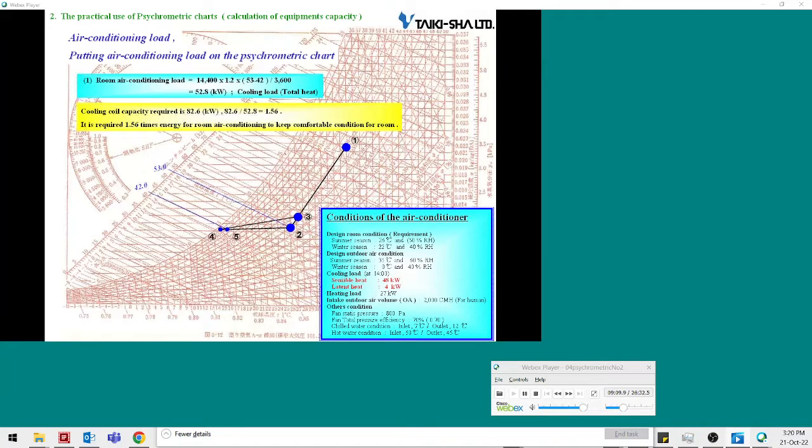The calculation result is 52.8 kilowatts. The enthalpy is used for calculation. This result therefore corresponds to a quantity of total heat exchange. This value is almost the same as the total heat load under the conditions of air conditioning.